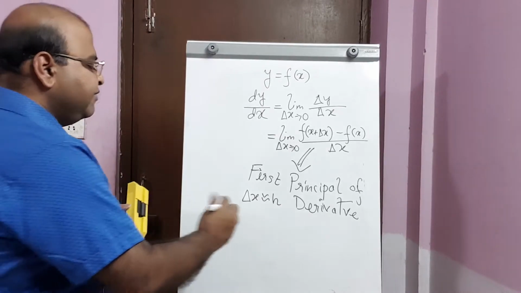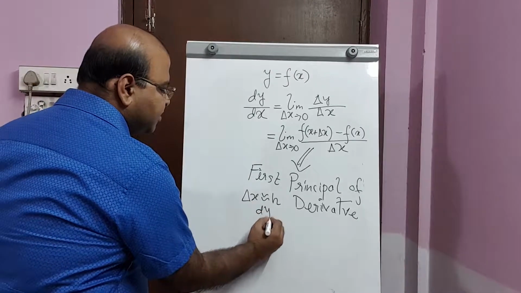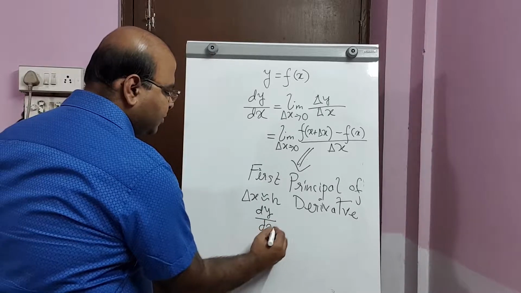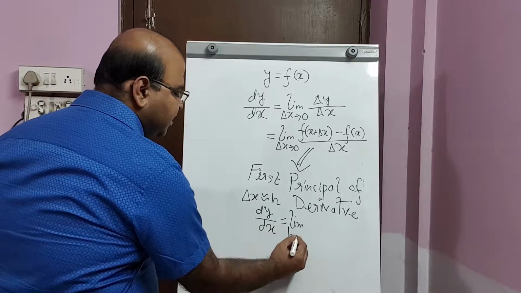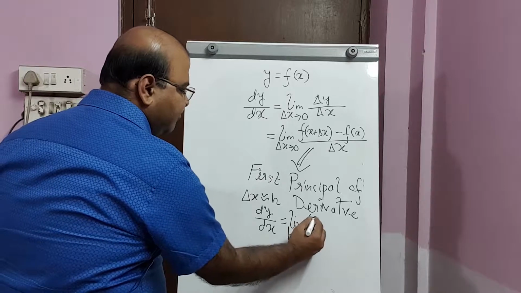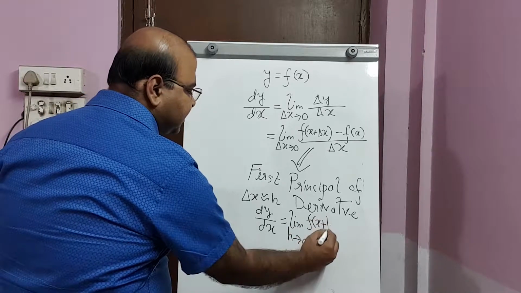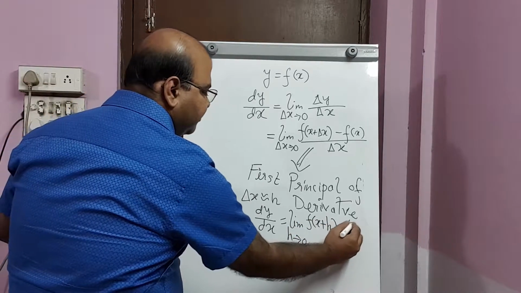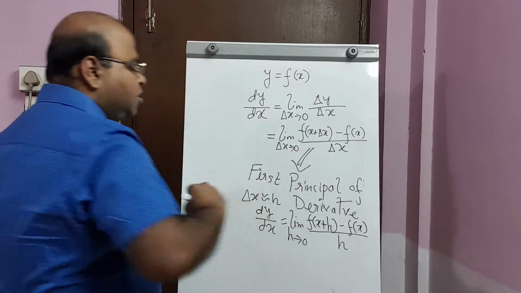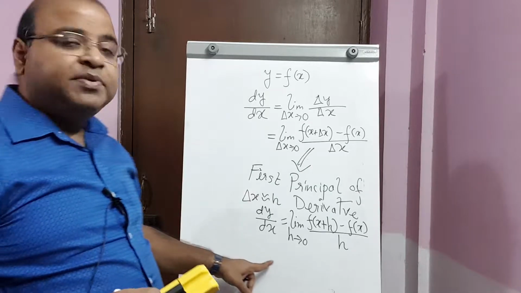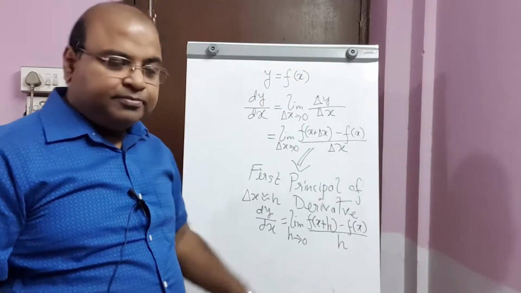So therefore the derivative definition becomes dy/dx is given by limit h tending to 0, f of x plus h minus f(x) upon h, which is known as the first principle of derivative.